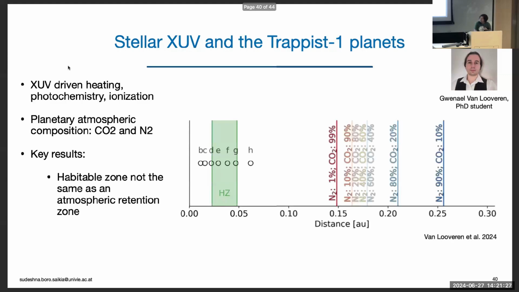One of the key results was that when you do the simulations to understand how long an atmosphere lasts under the high-energy radiation of the star, you find that while the planets themselves are in the habitable zone, the atmospheric retention distance is much, much further out. So the planetary atmospheres in the habitable zone do not really have a chance of surviving. This is quite interesting because the atmospheric retention distance and the habitable zone do not really overlap here.